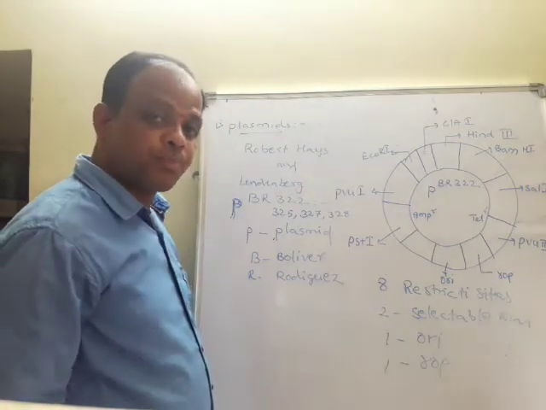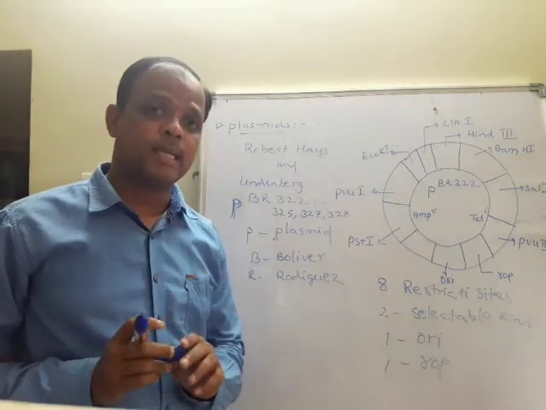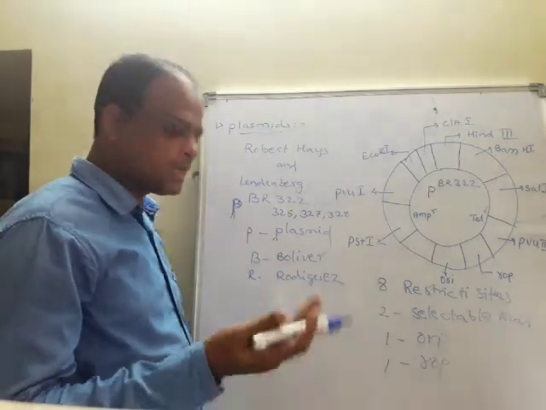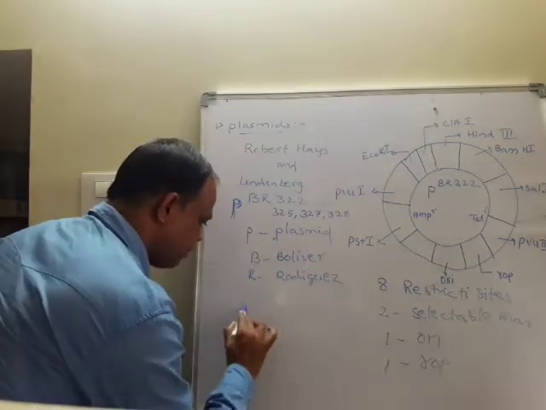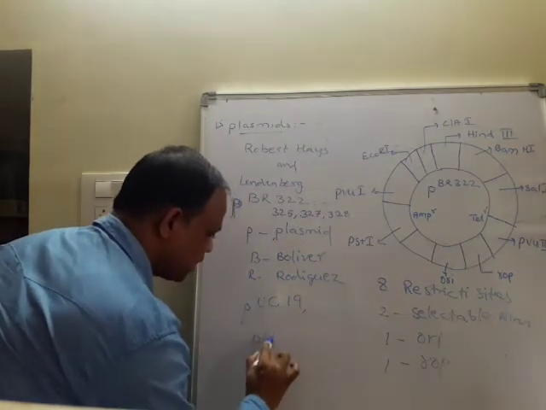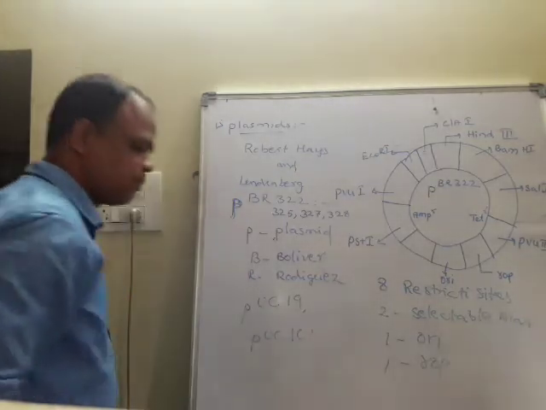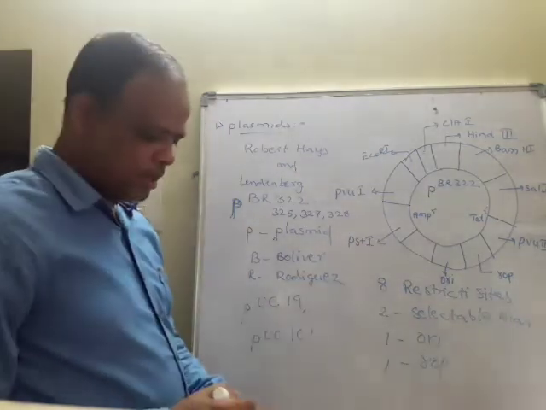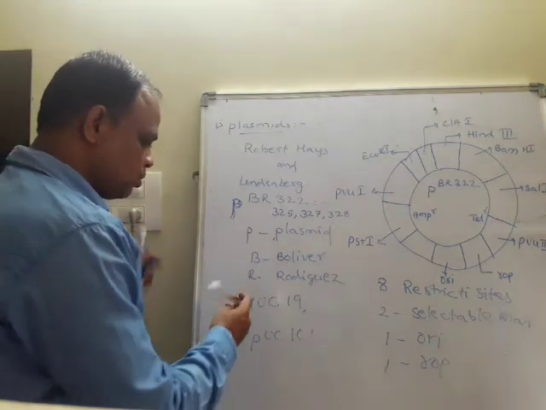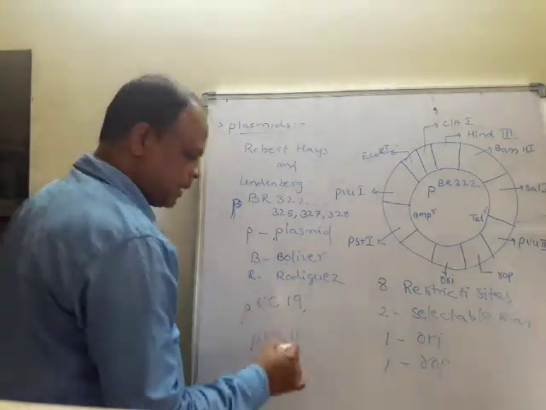And also artificially cloned structures, two more have been constructed. That is pUC19 and pUC101. So these are two more plasmids.